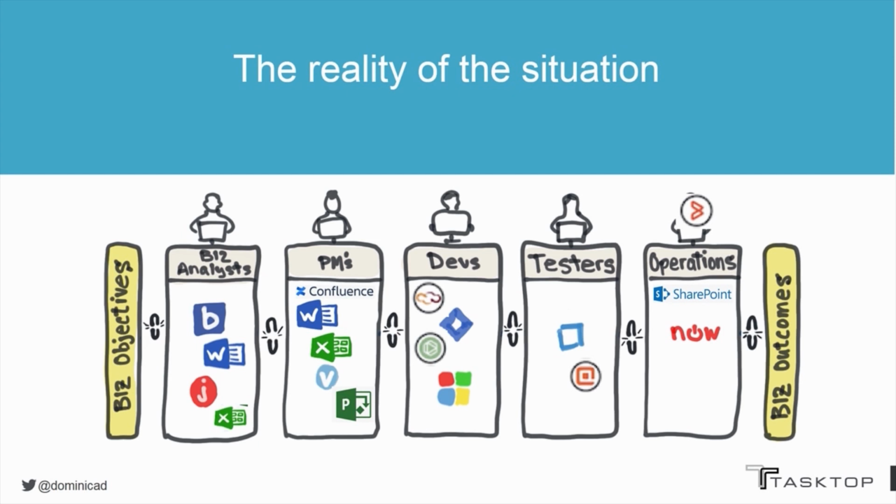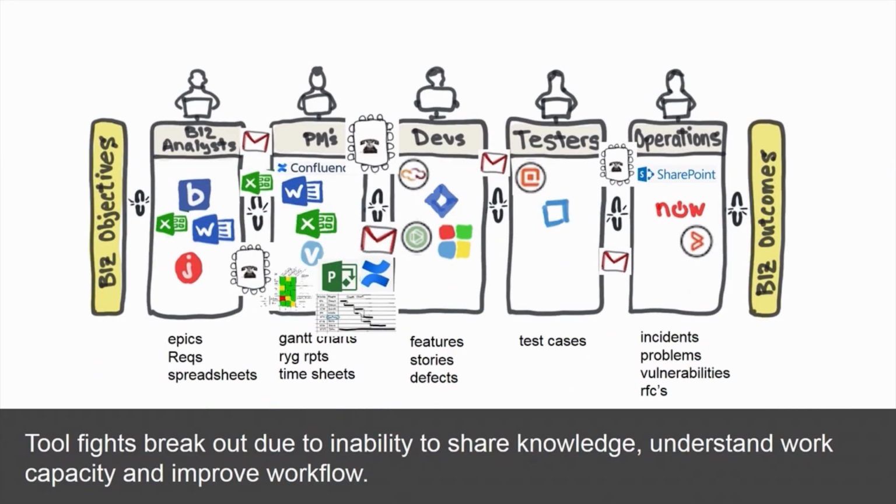Each team is only seeing their slice of the value stream. The big picture is missing. So we constantly have to translate this in order to get our story straight, and often that's done via manual handoffs, spreadsheets, emails, and status meetings.